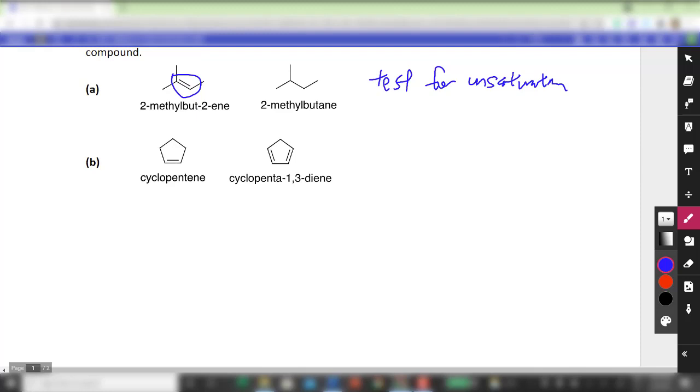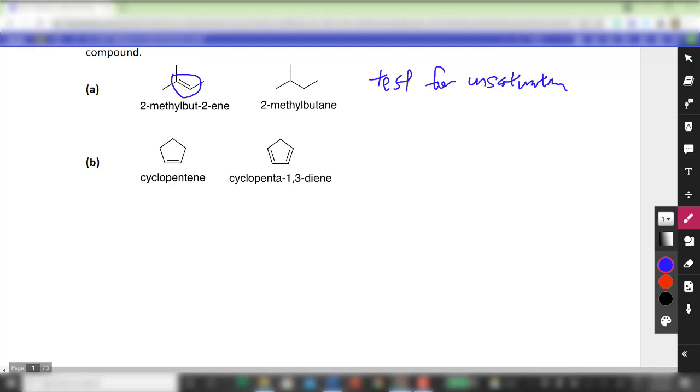For 2-methyl-but-2-ene, you will get decolorization of purple KMnO4. 2-methyl-butane remains purple. So you do not really need to worry about missing some answers out, or writing a lot of answers. Usually just one reagent which clearly distinguishes between the two.